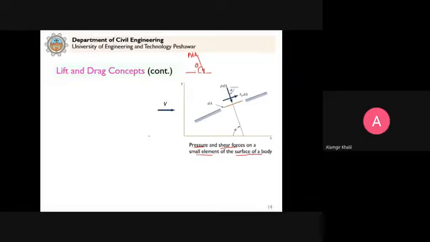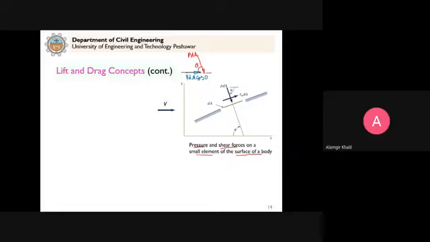So now it is easy to resolve this into components, because one will be this component here, and this will be equal to P dA cos of theta.